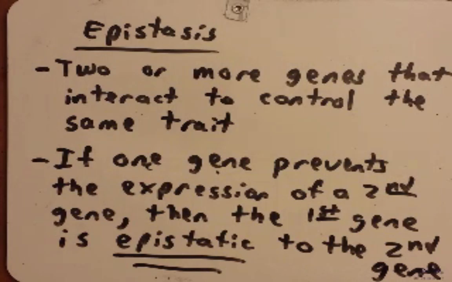So when you have this pathway of genes that are interacting with each other, and if one of those genes is mutated and the other one is not expressed anymore, we say the first one is epistatic. And let's walk through an example.